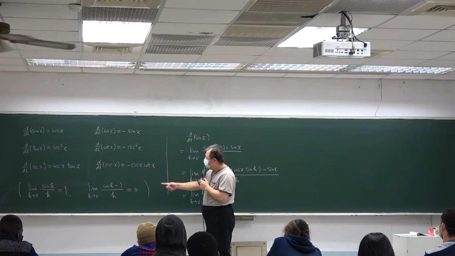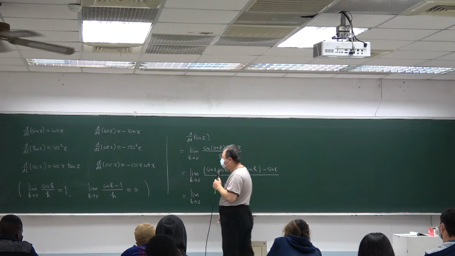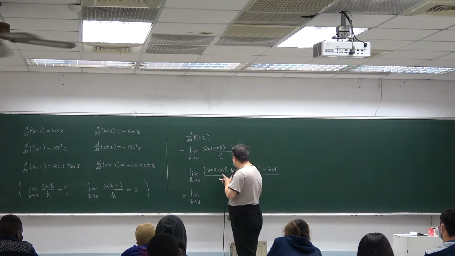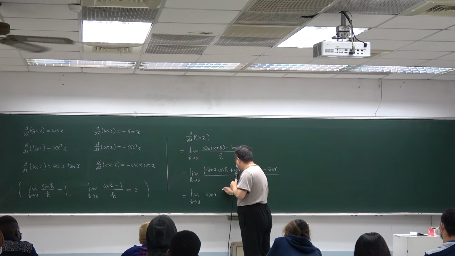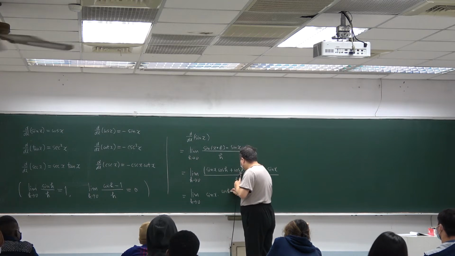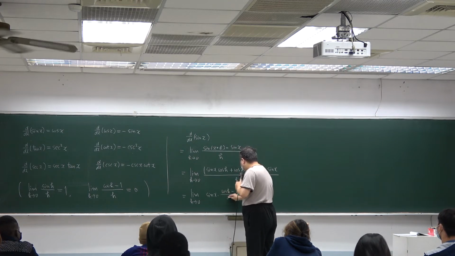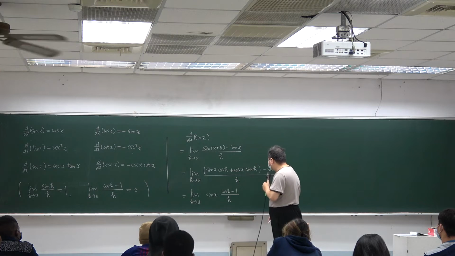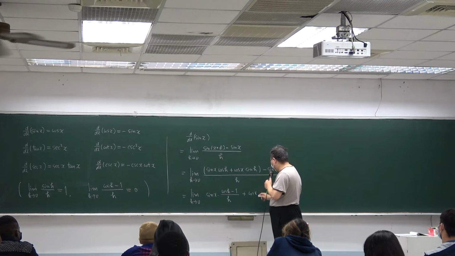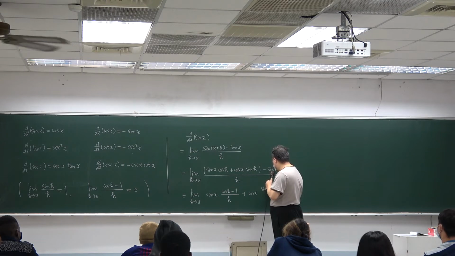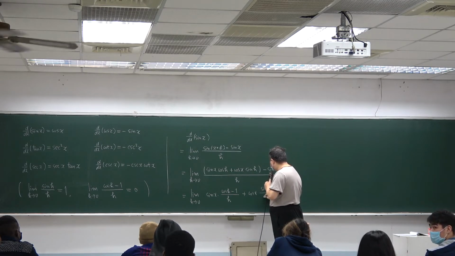In order to use these two limits, this number times cosine h minus 1 over h plus cosine x times sine h over h.